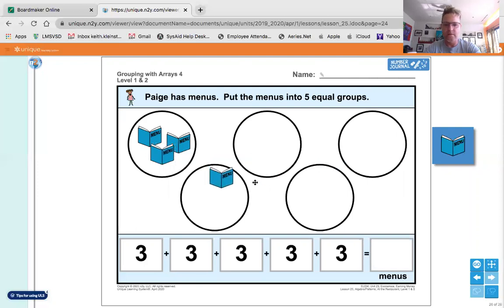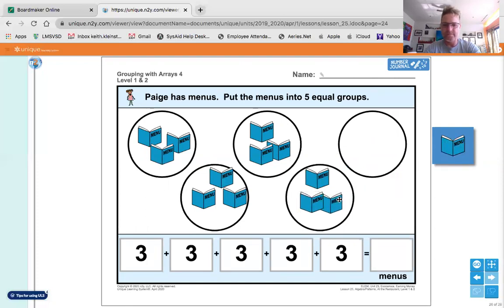1, 2, 3. 1, 2, 3. 1, 2, 3. 1, 2, 3. So we could start with 3, count on 3, 4, 5, 6, 7, 8, 9, 10, 11, 12, 13, 14, 15.